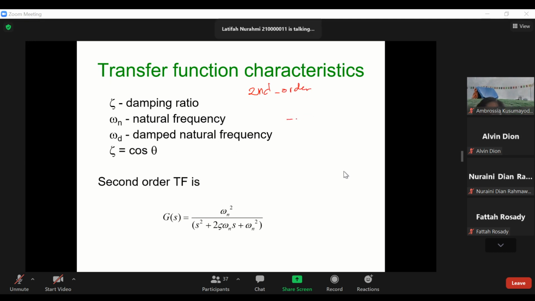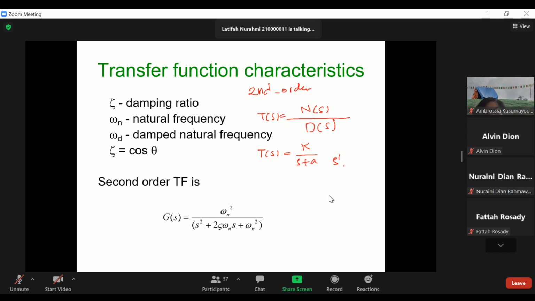Of course, the denominator, or what we call a characteristic equation, so you have T(s), you have the numerator, right? The numerator, and this is the denominator. Okay, so in the first order system, you have simply K over s plus a. So the power of the denominator is only power 1.